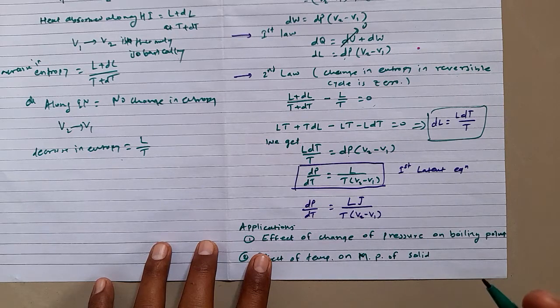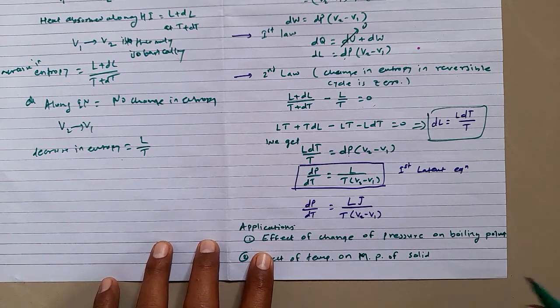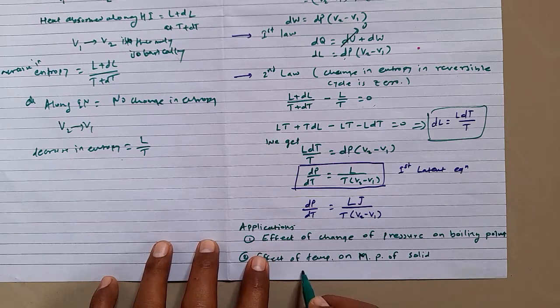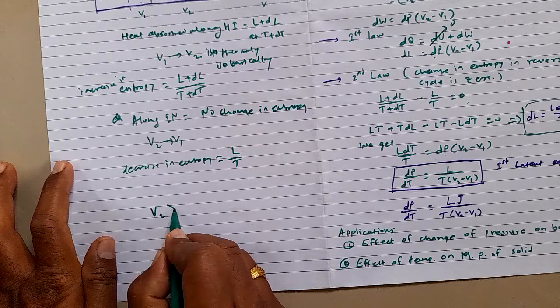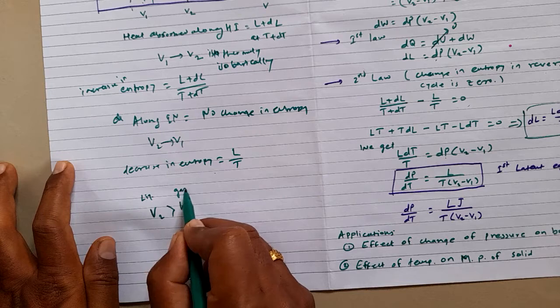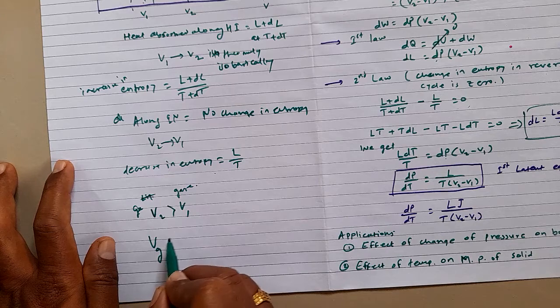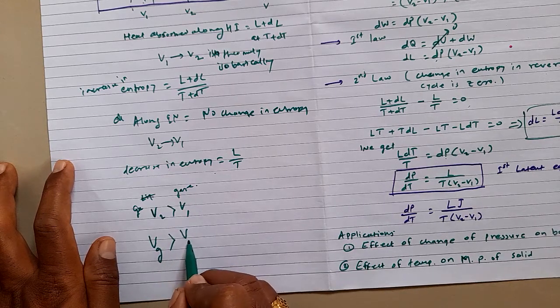When we are converting the liquid into vapor, or the gaseous state, the volume in the gaseous state is always greater than the volume in the liquid state. So V2 is always greater than V1, where V1 is in the liquid state and V2 is in the gaseous state.